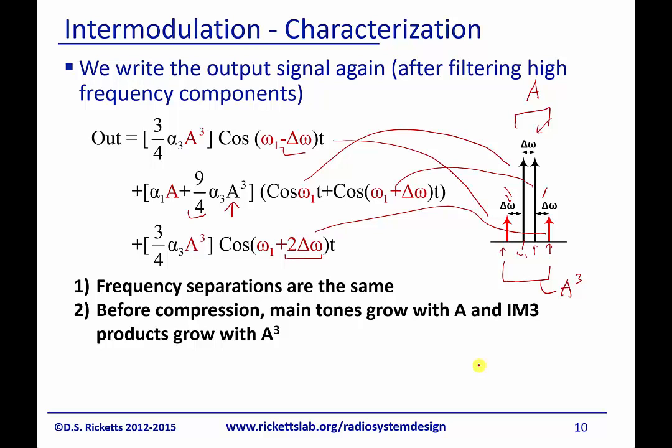But what you need to notice is that we're assuming, first of all, alpha 3 is very small, but we're also assuming that we're well before compression, so the amplitude is actually small. So if I've got A and an A cubed term, for A being very small, I basically can ignore this second term because this dominates. Here, however, A cubed is the entire term, so I can't ignore it, and this dominates for these coefficients.